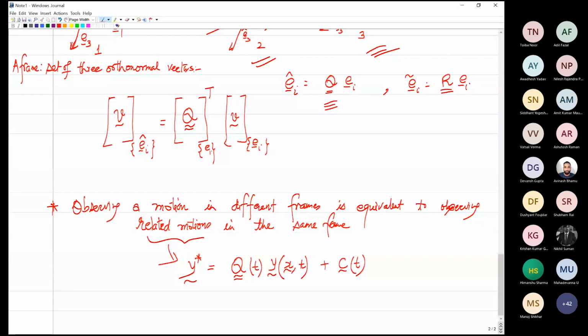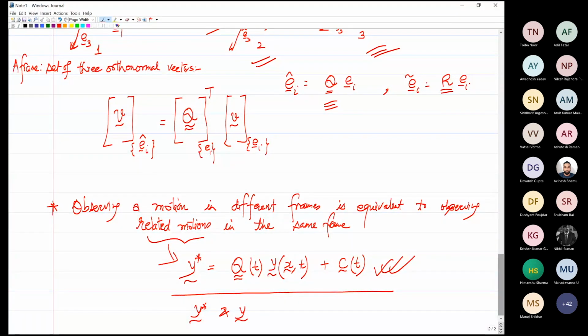Now such a relationship between y star and y, can you think of how are they related, this y star and y? Physically, how are they related? Mathematically, this is the thing, but physically, can you think of how are they related? The two motions.